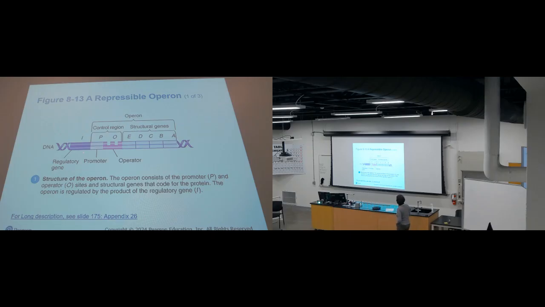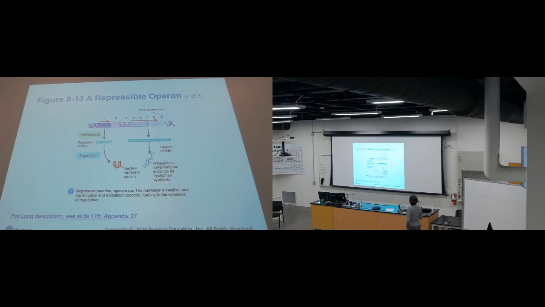So here we have an image of what this operon will have, the tryptophan operon. You have a regulatory gene that is known as I, and then you have a promoter, an operator, which is a control region, and then you have A through E structural genes.